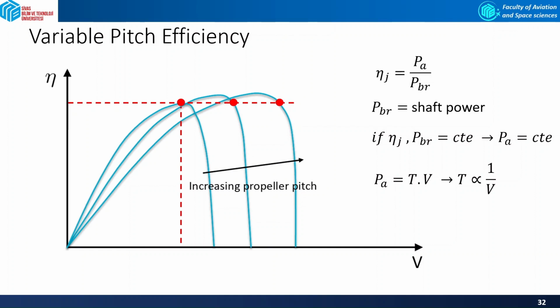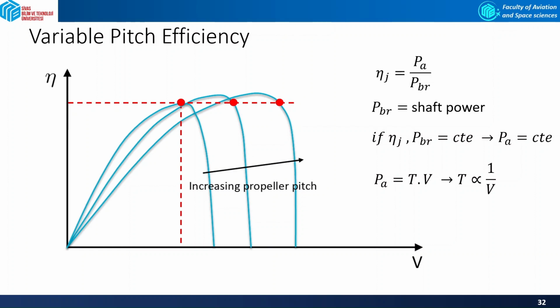And if you assume that the engine delivers a constant shaft power, for example, by means of a conventional piston engine, the propulsive efficiency used for evaluation of jet engines can be replaced by the propeller efficiency, which we define as the power available divided by the shaft power.